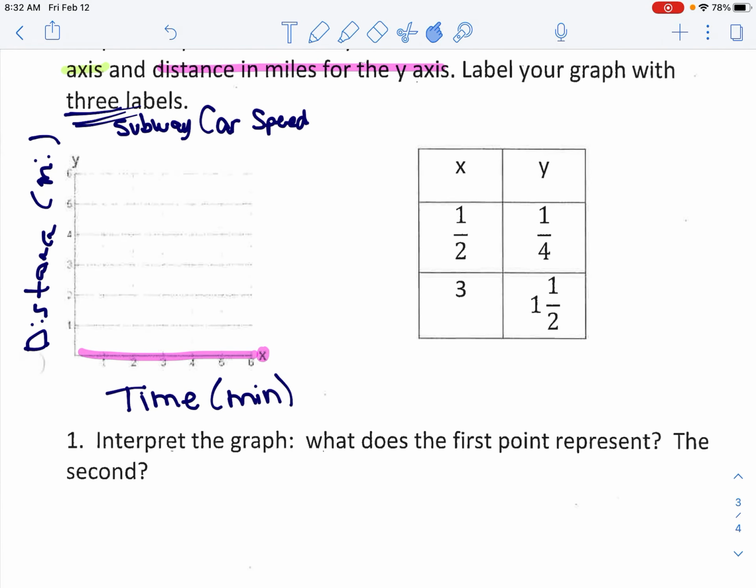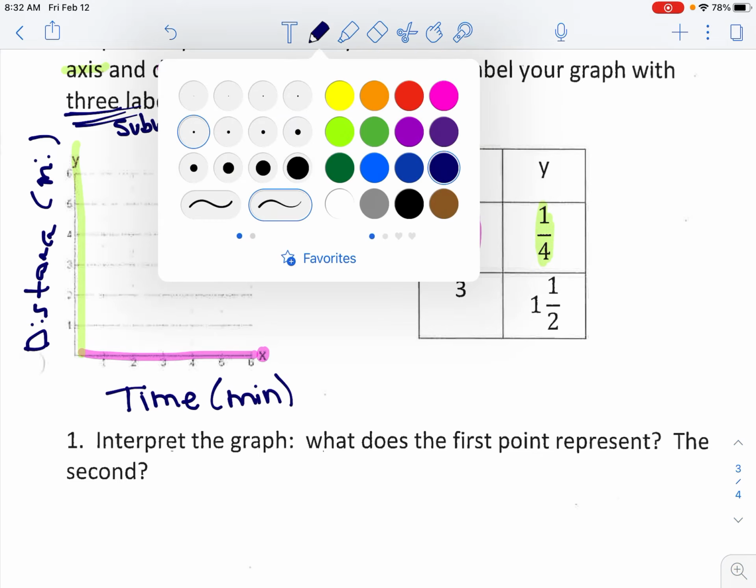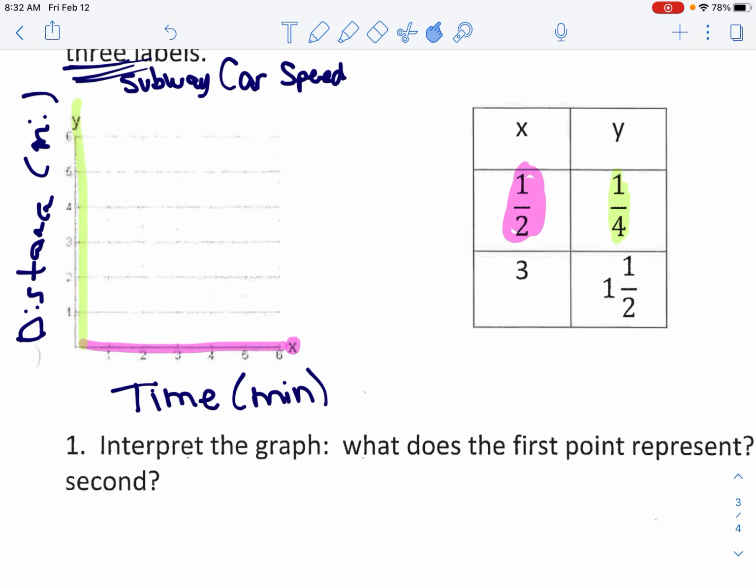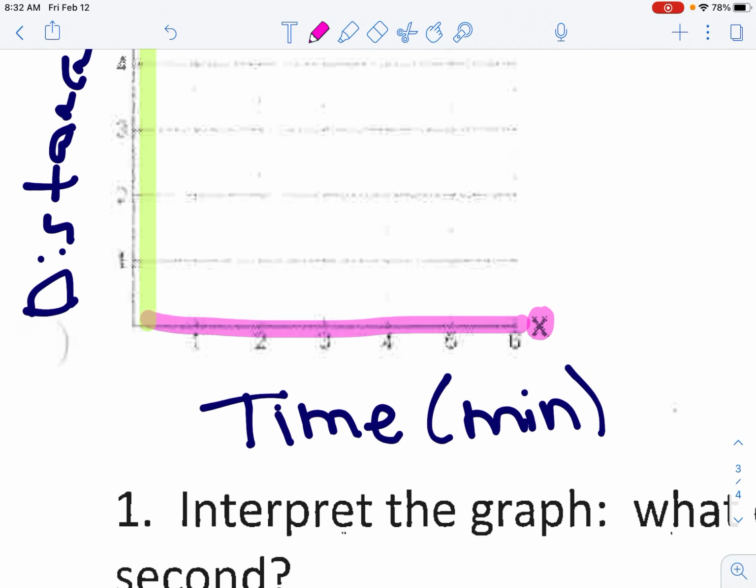Okay, so we are ready to graph our points. So if we look at our x coordinate, that's 1/2. And our y-axis is the vertical axis, and that coordinate is 1/4. All right, so I'm going to enlarge this a little bit. So I'm trying to find 1/2 on the x-axis.